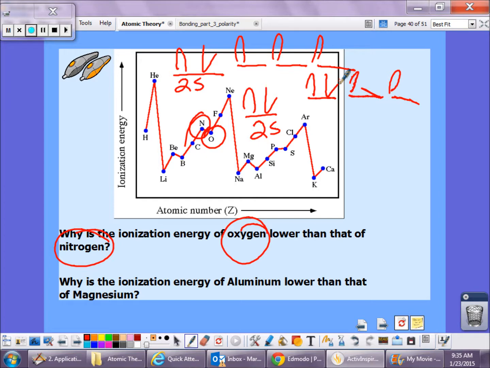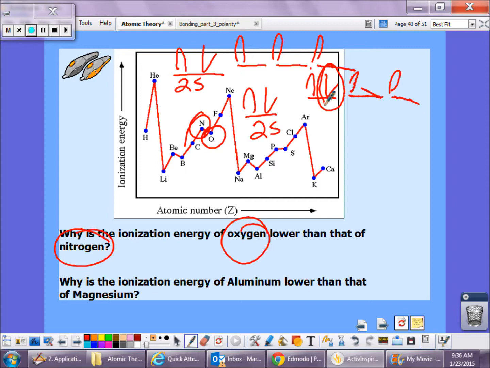Listen carefully for the argument. Even though oxygen has a higher effective nuclear charge, you are adding a second electron on that orbital. The first pairing, always use that expression, the first pairing creates an electron repulsion that is greater than the attractive force from the effective nuclear charge.